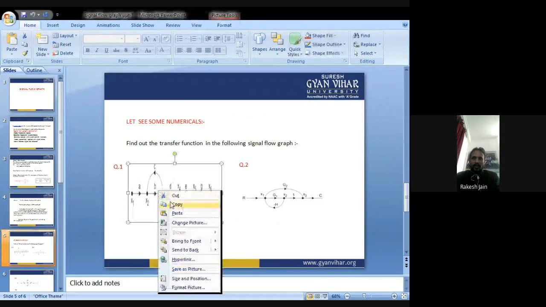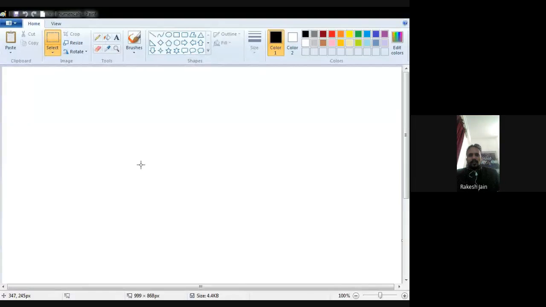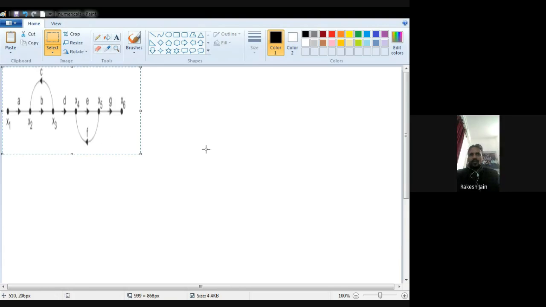So now see, let's suppose we have certain numericals, and I will show you on an MS Paint file. So you will feel a blackboard type of pedagogy will be there. Your first question is, a diagram is given.